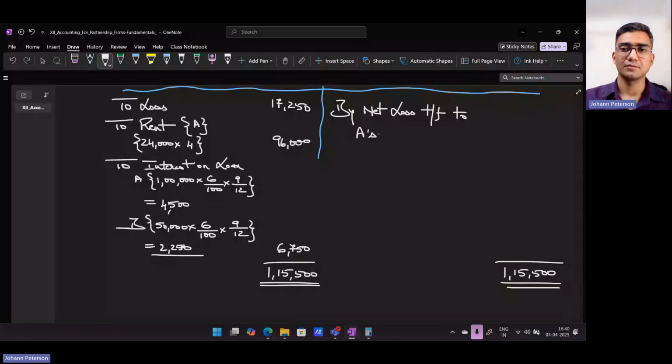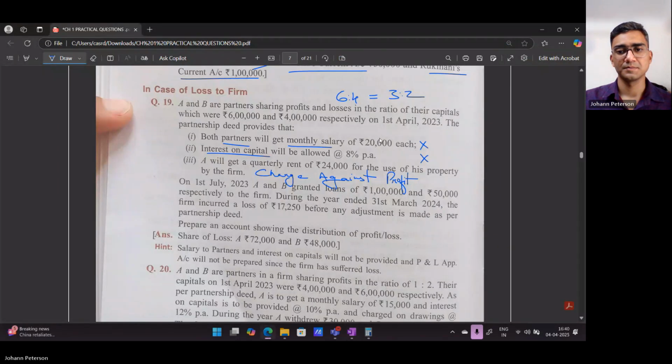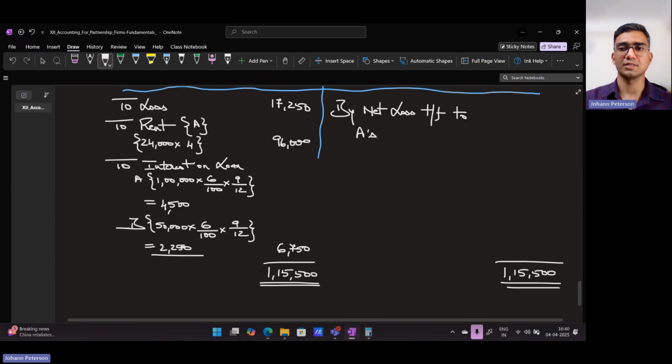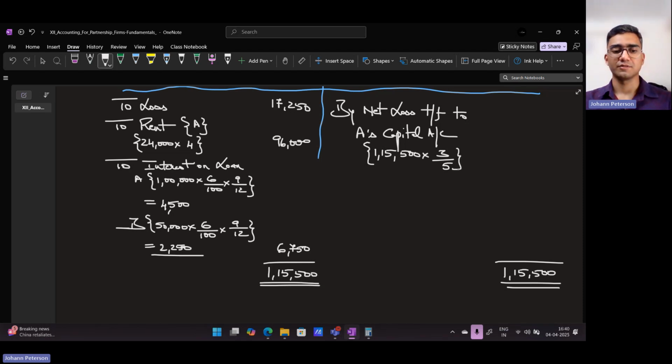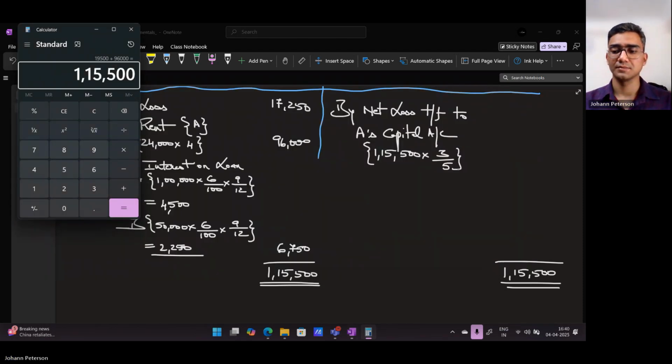So A is which account? It doesn't say anything, so directly A is capital account. Amount will be 115,500 into 3 by 3:2, right? So 3 upon 5. So 115,500 into 3 divided by 5, which is 69,300.